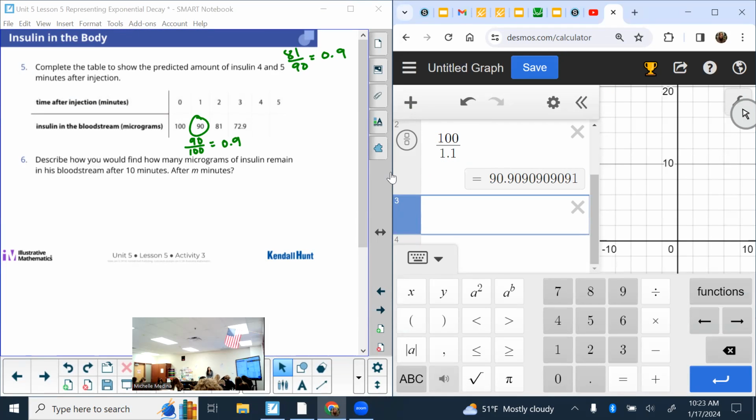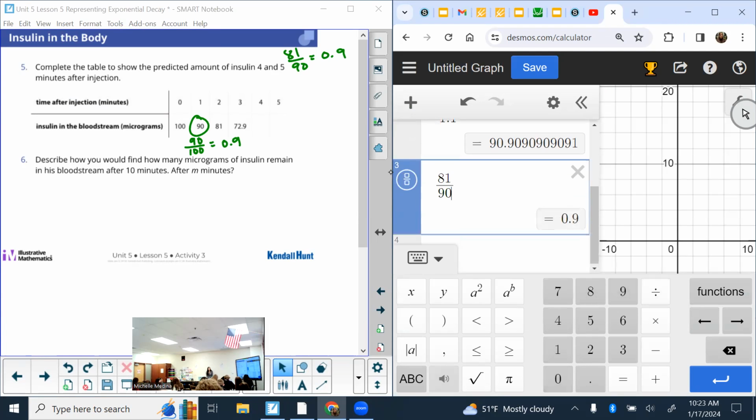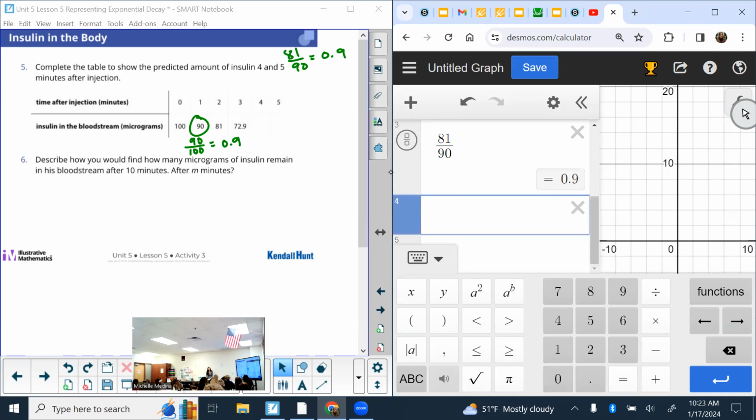So just to show you, so you know I'm not just making things up. Take a term divided by its previous term, that'll give you your common factor. Since it's just going to 3, 4, 5, we can continue the pattern. So if I do 72.9 times our common factor that we just figured out was 0.9, 4 should be 65.61 right here.